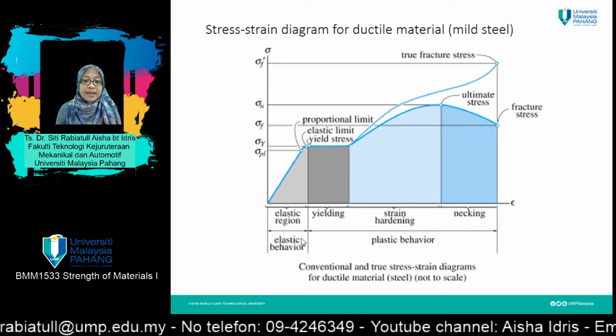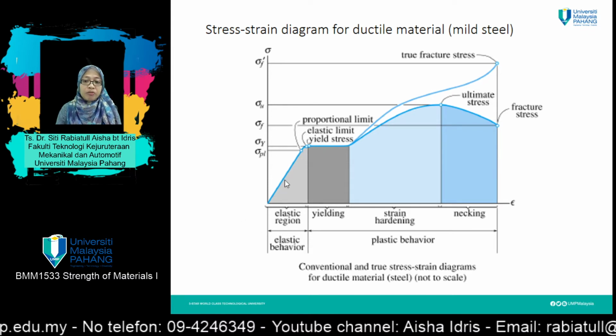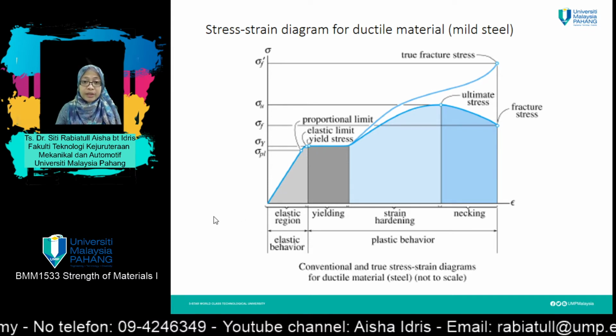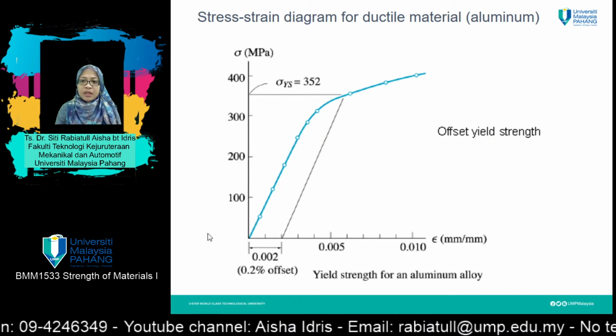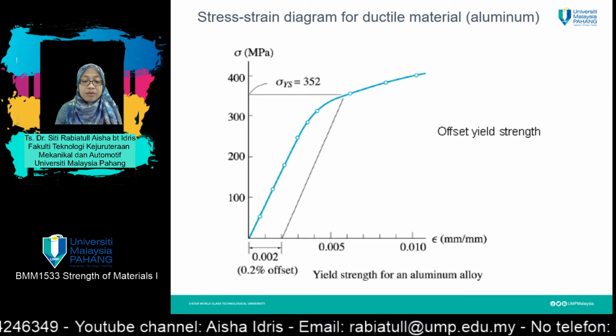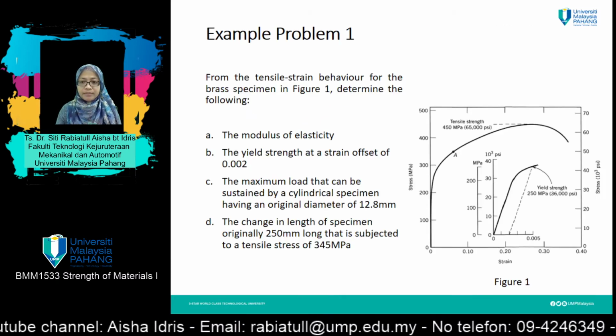It will fail exactly in the elastic region, so the graph will be straight or linear. And this one is for aluminum. The other types of materials you can study on your own.